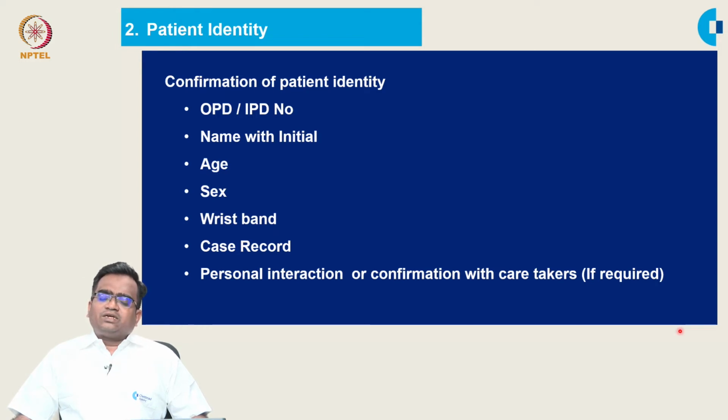Next, the healthcare provider has to check the age and sex of the patient, then the wristband, especially for the pediatric population, for confirmation of the patient identity. Further, the healthcare provider can check the case record to confirm the patient identity. But if the patient is not able to speak or is not well oriented, the healthcare provider can ask the caretaker of the patient to confirm the patient identity.